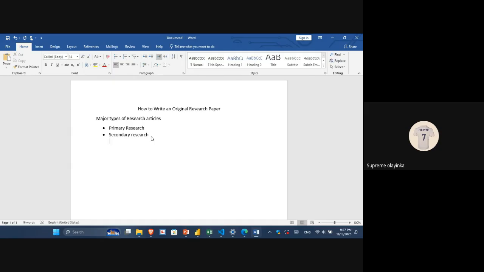Okay, so we have the original research paper. From the word original, and I want to make it more relatable, you are doing something novel, something no one has ever done before. That's why pioneering research is usually done this way.